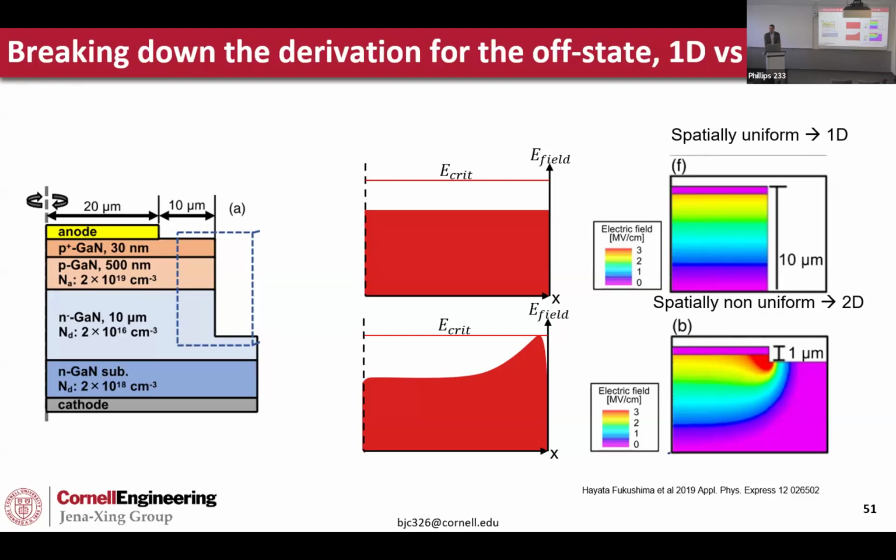There's many. The easiest way to think about it is Poisson and Gauss's law. This concentration of field is really concentration of charge. So the simplest way is a field plate, you just do an MOS structure. The electric field lines are spread out, and the charge is sort of canceled out.